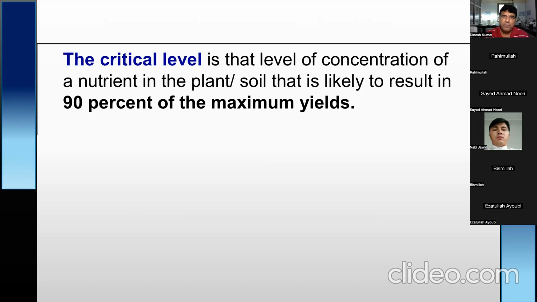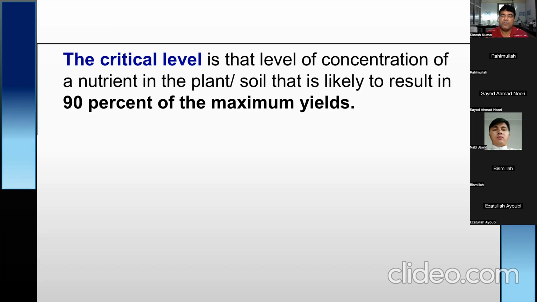Here I want to inform you that critical levels of nutrients are already decided. Many people have worked on this and the values are available. Standard critical concentrations for different nutrients in different crops are available. Data are available in every country, every place. So we can compare our result with those standard values.